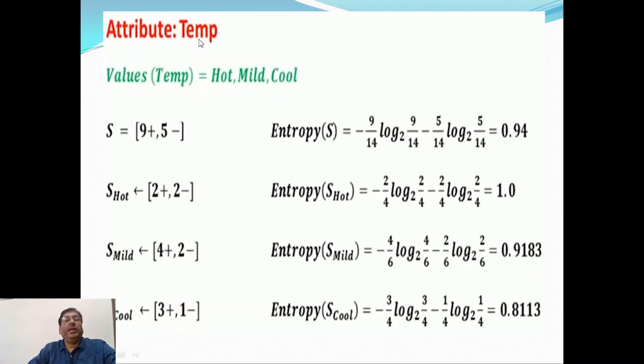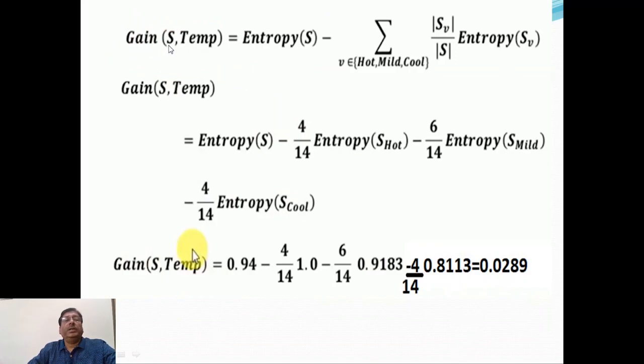Now with the help of these entropies that you have calculated, you find the information gain for an attribute called temperature. So information gain S comma temperature equals the same formula you are going to apply, and then try to replace the values. Entropy of S minus entropy of hot, when you multiply by the number of times it is occurring out of total.